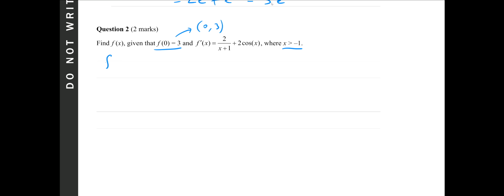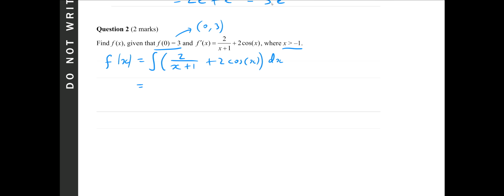To get f of x, we need to integrate the derivative. So f of x is the integral, and don't forget your brackets, of 2 over x plus 1, plus 2 cos of x, with respect to x.